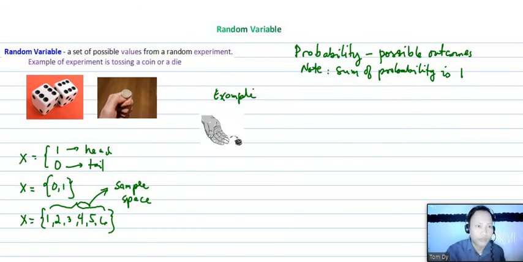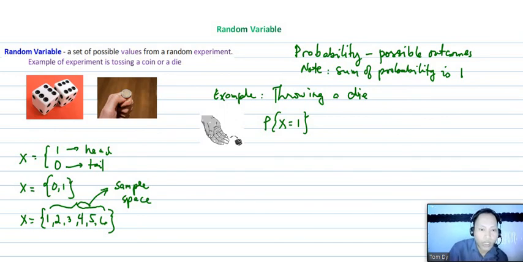Now we have again our example, throwing a die. When we throw a die, we're going to find the probability. By the way, when we write our probability, we have the probability when x is equal to 1. That means when we throw a die, it will show a number which is 1.